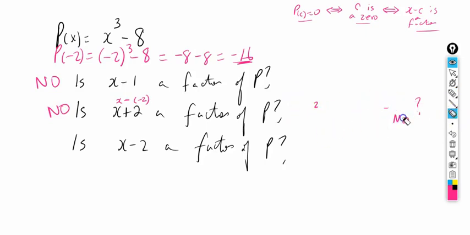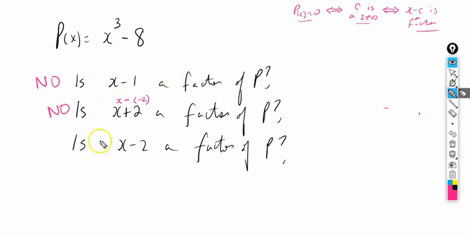And then for this last one here, is x minus 2 a factor? Well, that's the same as saying, is 2 a 0? And is 2 a 0? That's the same thing as asking, is p evaluated at 2 equal to 0?